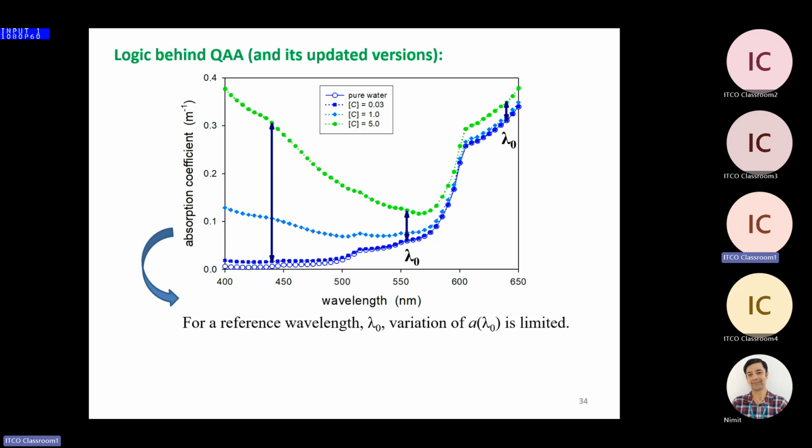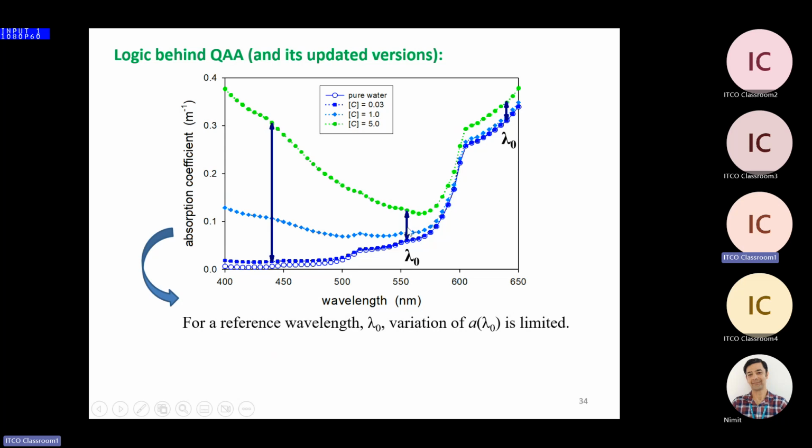So for chlorophyll varied by almost 300 times, you see a big change of total absorption at the blue band. But the change of total absorption at the green band and the red band is limited, because water itself dominates.